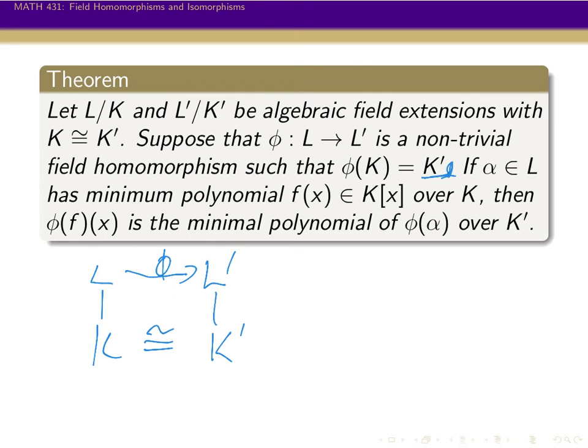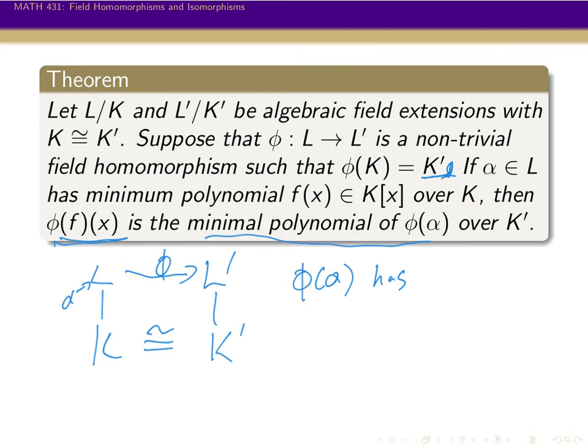So then the statement of the result is that if you have some alpha inside of L, so alpha is living somewhere inside L, and it has minimal polynomial f of x, then the question is what happens to phi of alpha, and the answer is that the image of alpha has minimal polynomial which is the image of f of x.